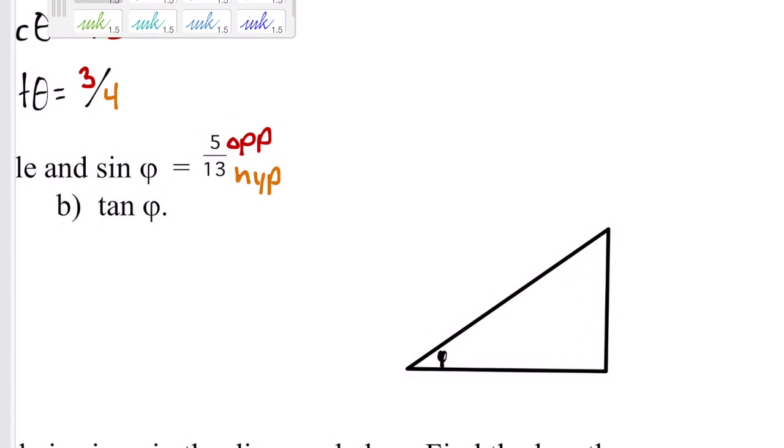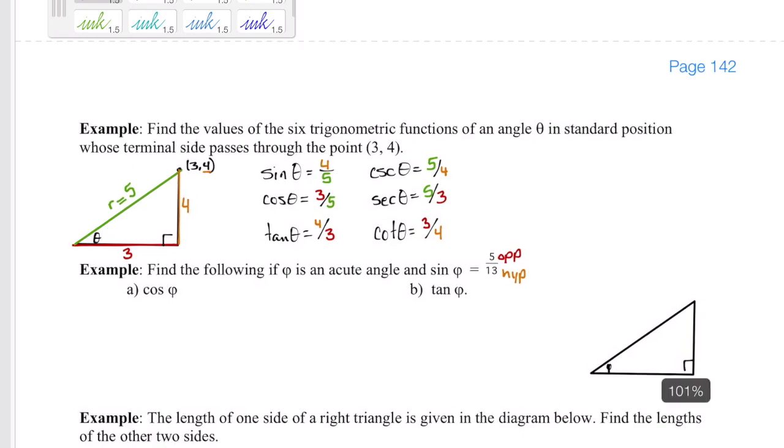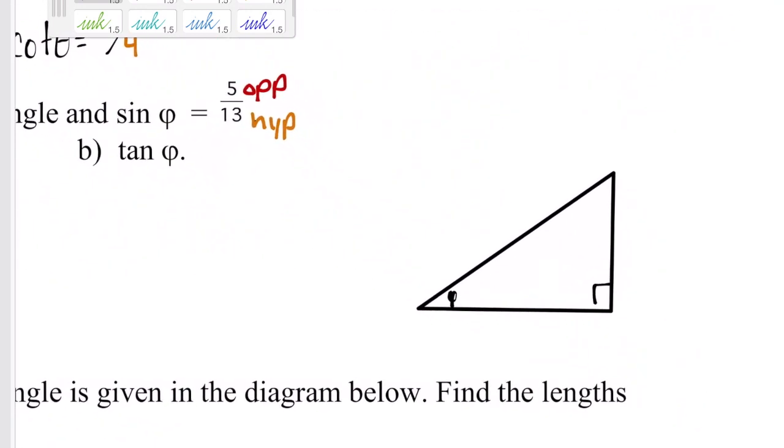So there's our angle with its Greek variable, and I have my right angle here. So I know that this is going to be a right triangle because we are talking about sine, cosine, and tangent, and that's the only time we use these at this point is when we have our right triangles. So the opposite of that angle, I'm going to have my 5, and I know across from my 90 degrees, my hypotenuse, I'm going to have 13.